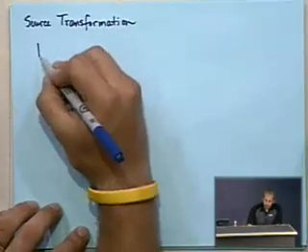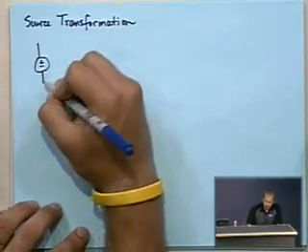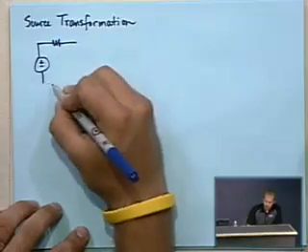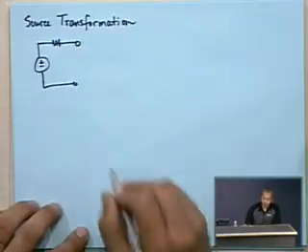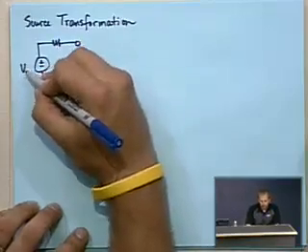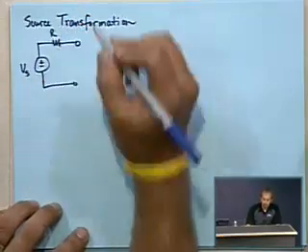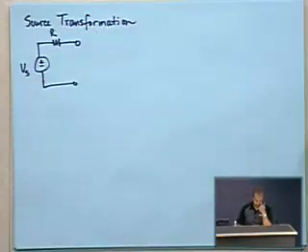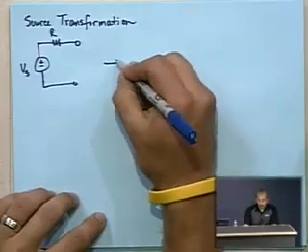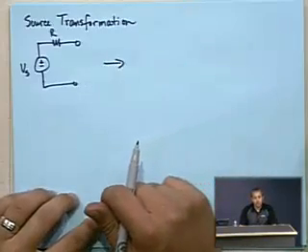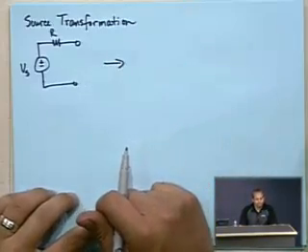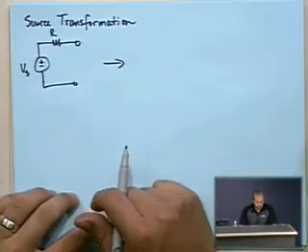If you have some voltage source and a series resistor, and this has some value V sub S and this is some value R, you can change that as long as you hook it back up to the circuit properly.